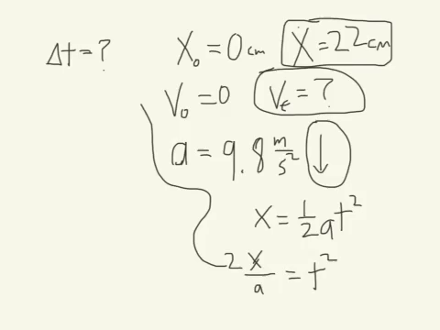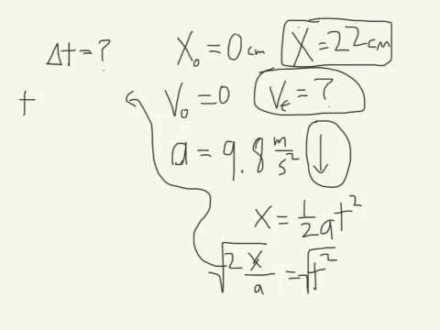We're almost there. We've isolated t, but it's t squared, and we want just t. So what we really want is the square root of t squared. If we take the square root of the right side, we take the square root of the left side.